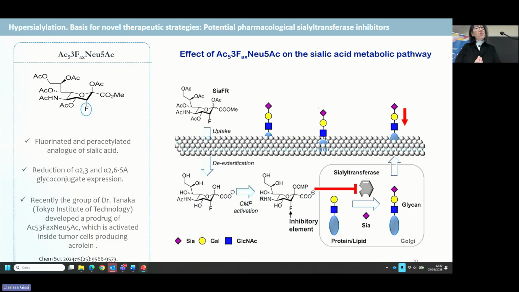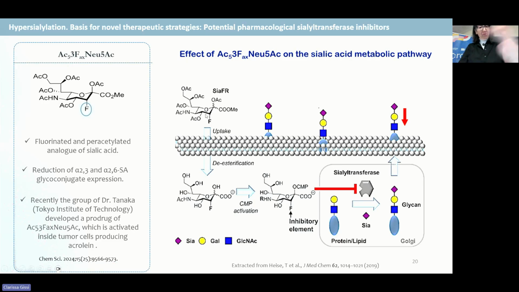This is easily taken up by the cells. The esterases inside the cell deesterify these acetyl groups. It can be activated as CMP, and then it acts as a competitive inhibitor of the sialyltransferase. Okay, and in this way, we show a decrease, as I will show you later, of sialic acid.